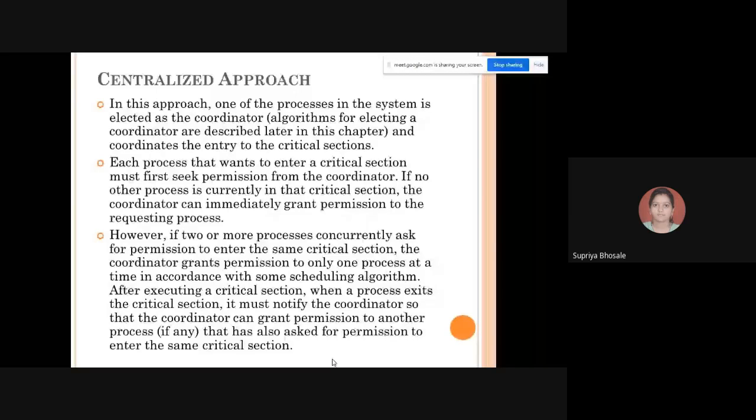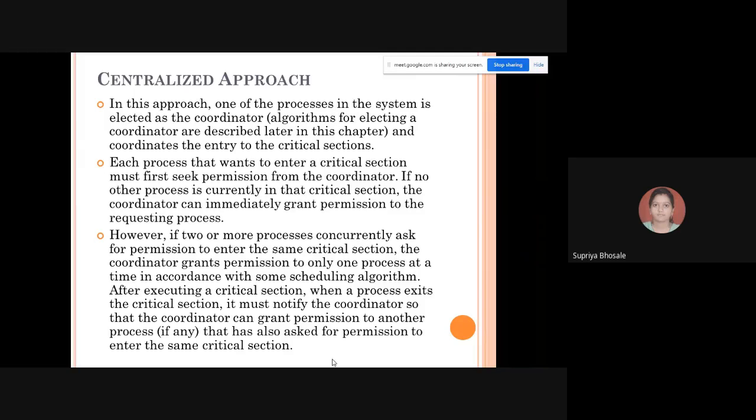Here each process that wants to enter a critical section must first seek permission from the coordinator. If no other process is currently in that critical section, the coordinator can immediately grant permission to the requesting process. So this is the main idea behind this.